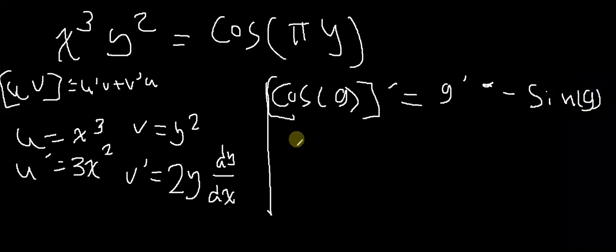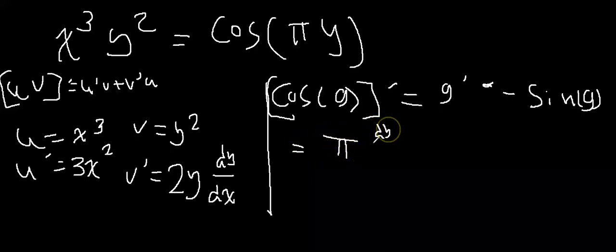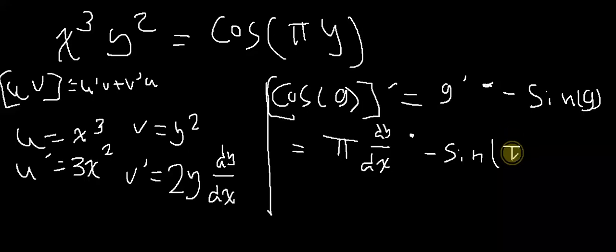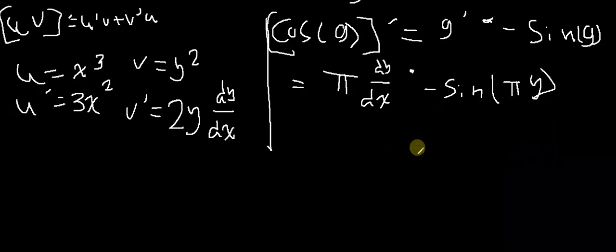So therefore, the derivative of cosine of pi y would be equal to pi dy/dx times minus sine pi y.